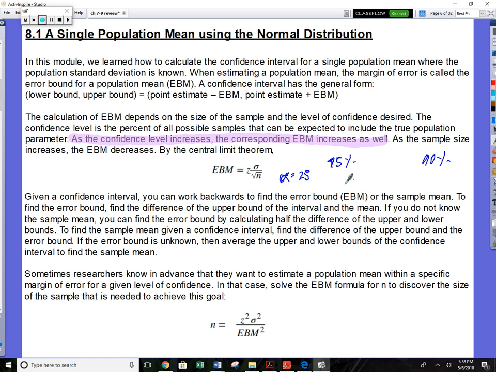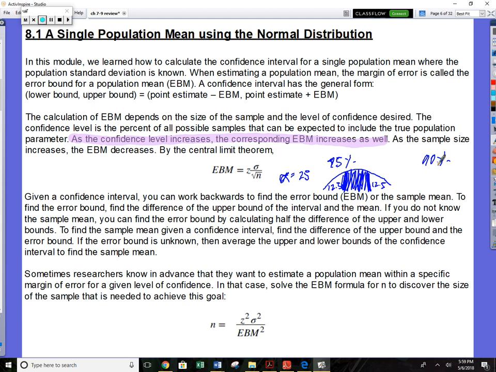So if we're looking at a graph, here's somewhere we believe the mean is. 25% means I'm going to have 12.5% here and 12.5% here. So you split alpha into two tails, half on the left, half on the right, and it gives you the window here. This is where you believe the mean to lie.